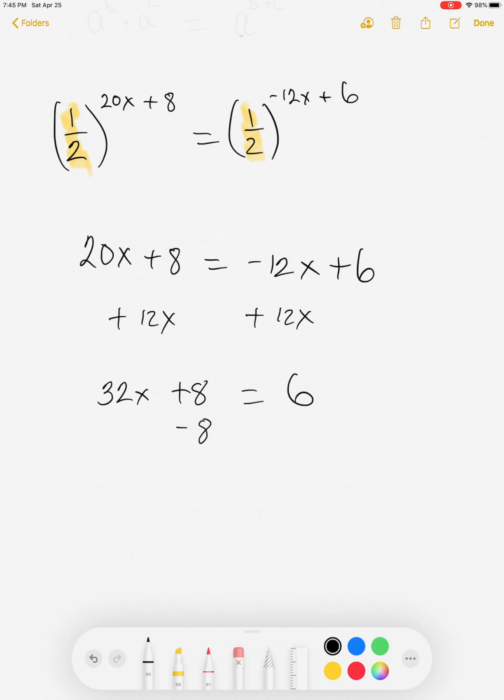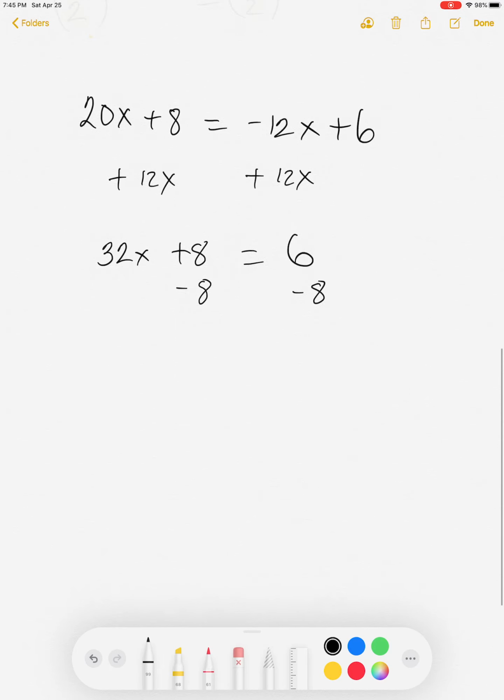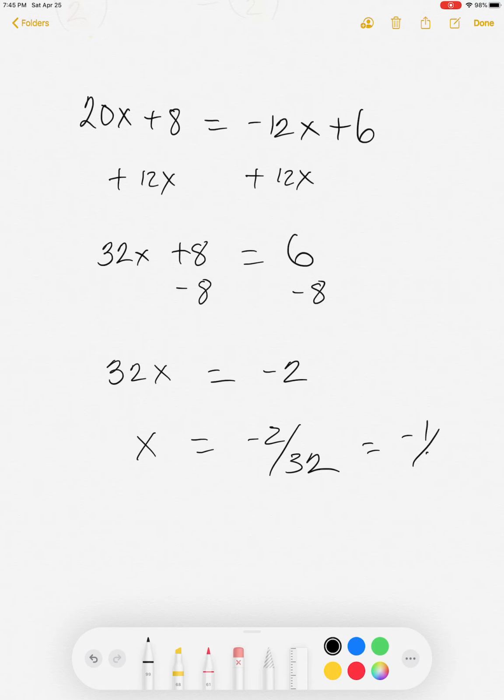And then I'm going to minus 8 from each side, and I get 32x is equal to 6 minus 8 is negative 2. And so I get x is equal to negative 2 divided by 32, if I divide both sides. And that's equal to minus 1 over 16. So that's my answer. x is equal to negative 1 over 16.